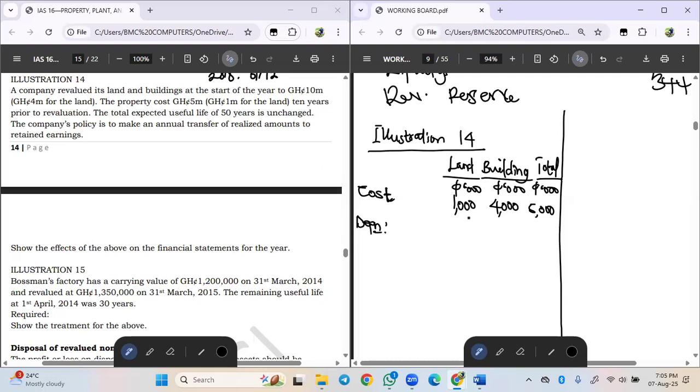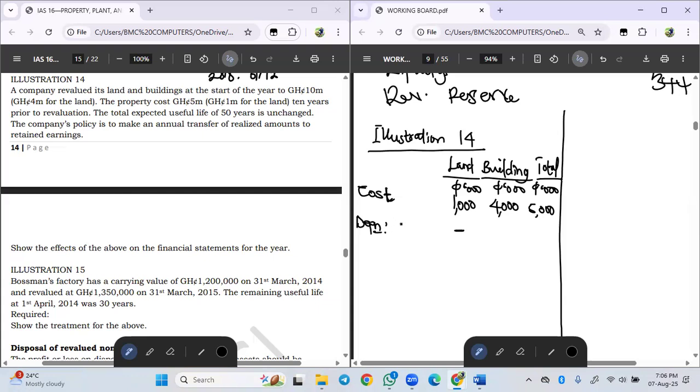Now let's look at the annual depreciation charge. We know that we don't depreciate freehold land. It's sometimes leasehold land that we depreciate, but mostly we say we don't depreciate land, because land will appreciate. I'll leave that to IFRS 16 Leases, so you understand it more.